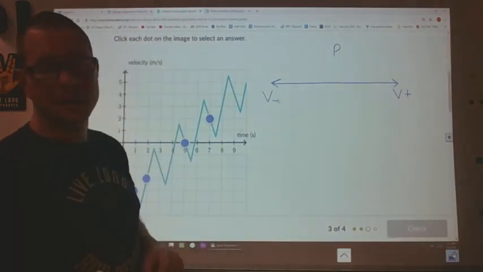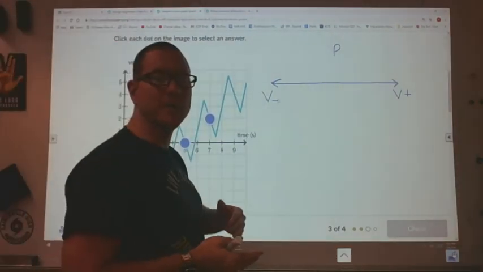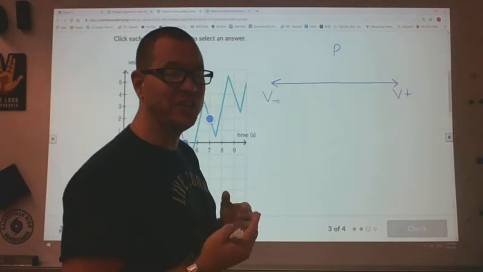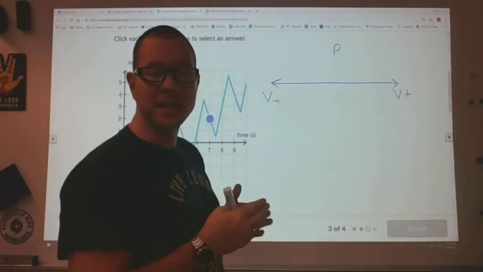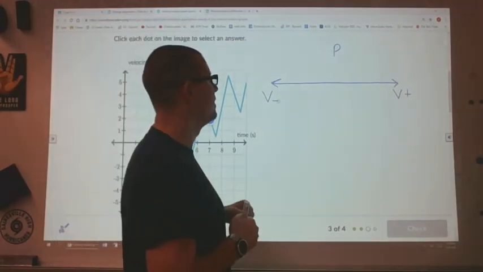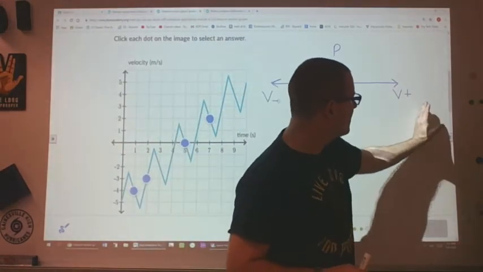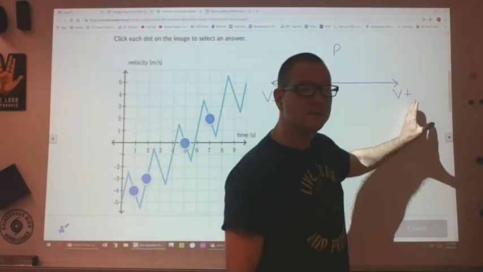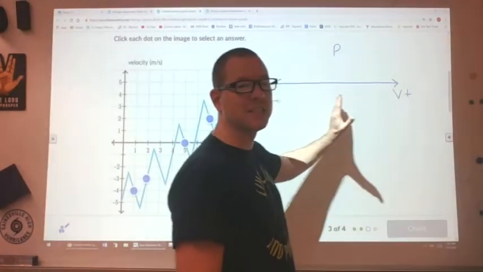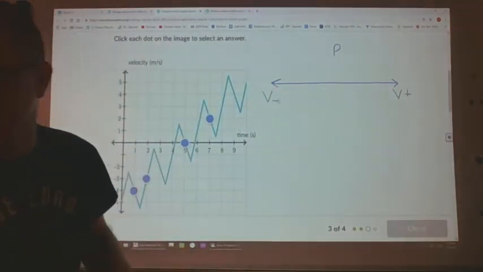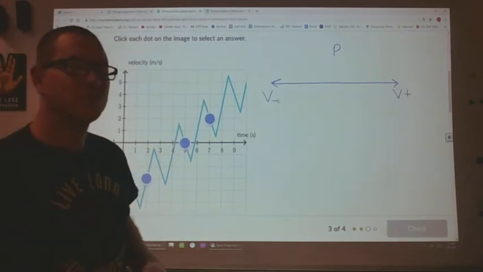And then we have to look at the acceleration. How is the velocity changing to get that speeding up or slowing down? If the acceleration is in the same direction, then they're speeding up. If the acceleration is in the opposite direction, then they're slowing down.